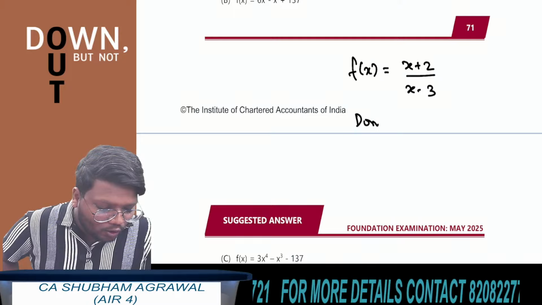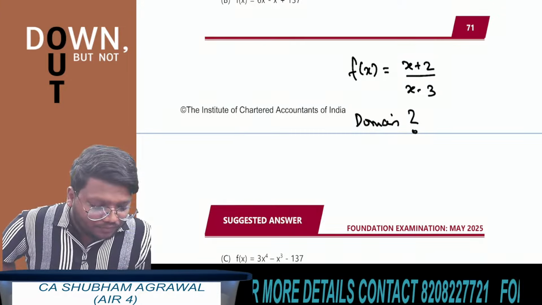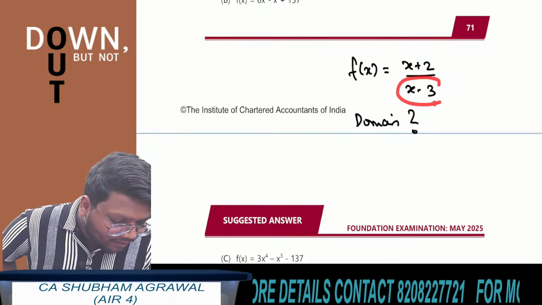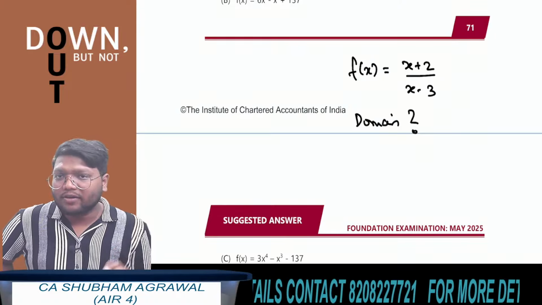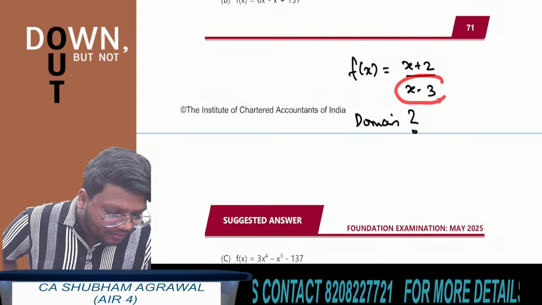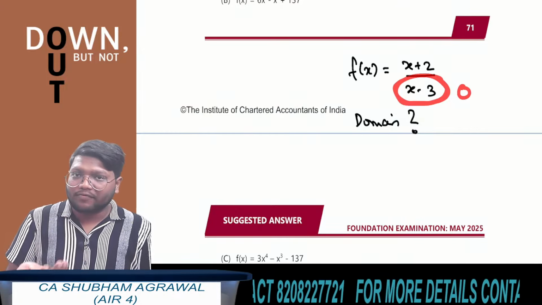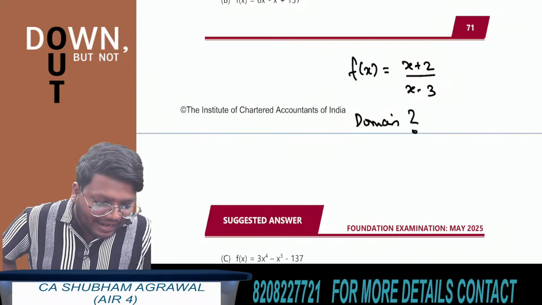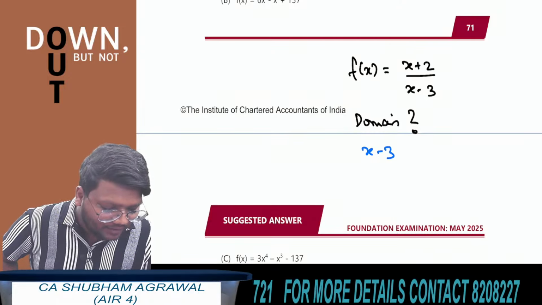You have to find the domain of this function. If the value of x minus 3 is 0, then anything divided by 0 is not defined. So this denominator cannot be equal to 0.